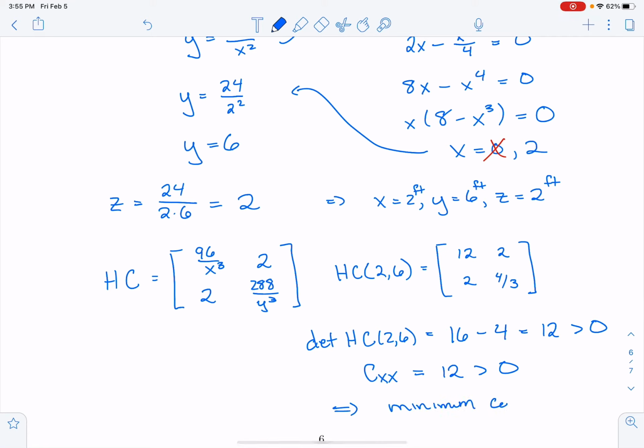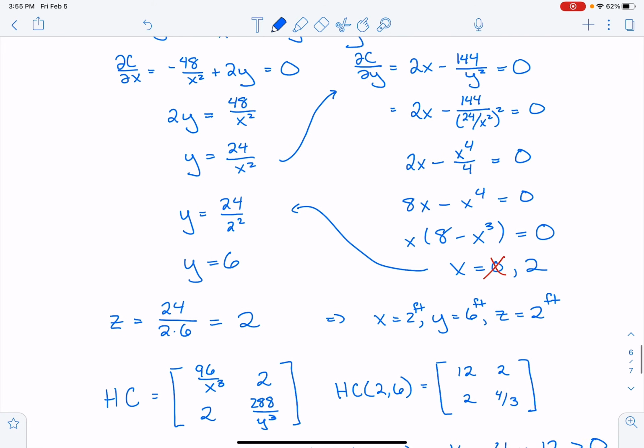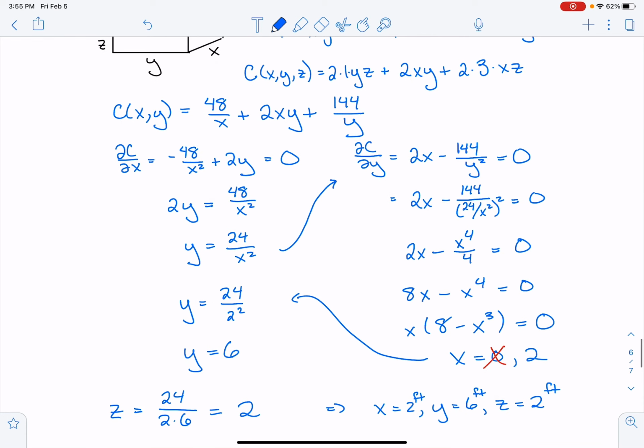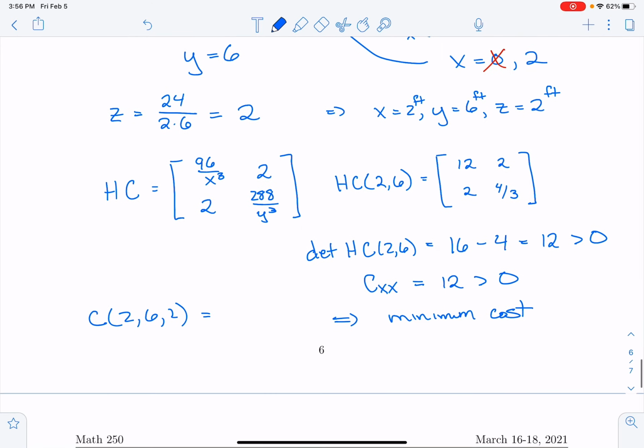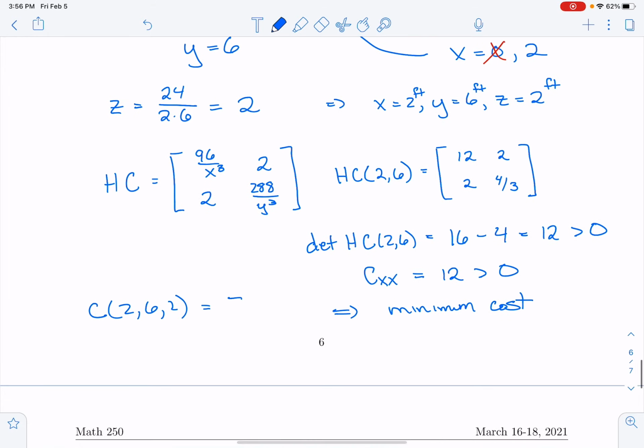Okay, so what is that minimum cost? That minimum cost is c of 2, 6, 2. If you plug that into my original function, if you go back up to the top here, which was 2yz plus 2xy plus 6xz, I'm going to plug that in, and I'm going to get $72.